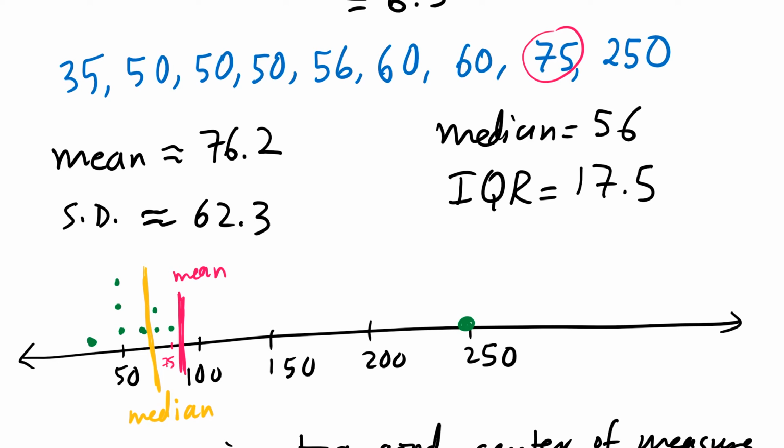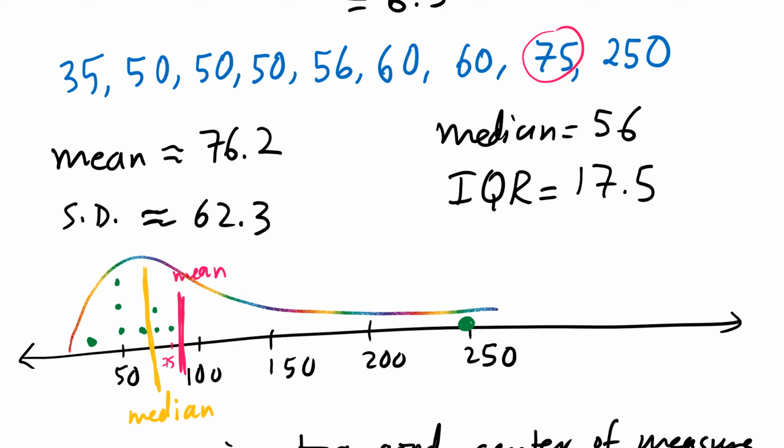So the larger you make that 250, the larger the mean. But the median is going to stay there. That's why for skewed data, because this data is skewed to the right, like it goes like this, the median is much better to use than the mean, as you can see from the diagram.